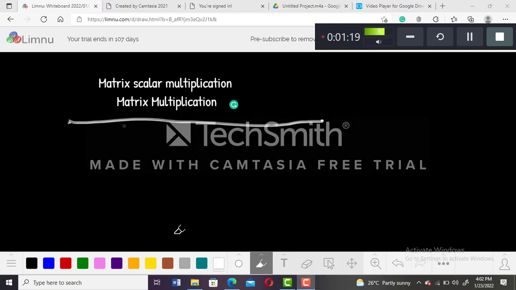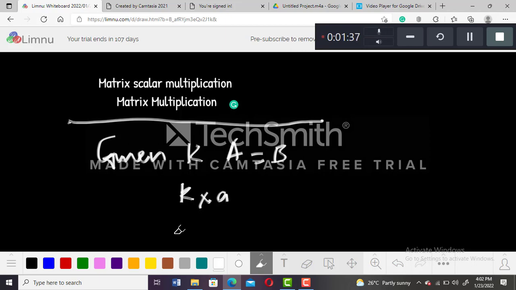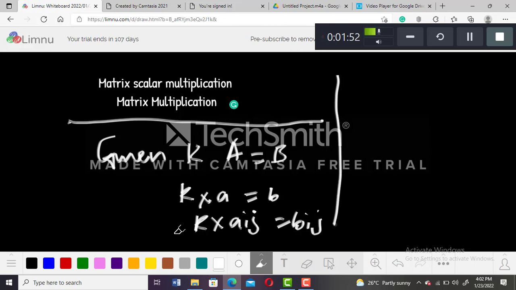What we are saying is that if we are given k as our scalar and matrix A, then we multiply k with A, and this will give us B. So we simply have k multiplied by a_ij so that we get b_ij.